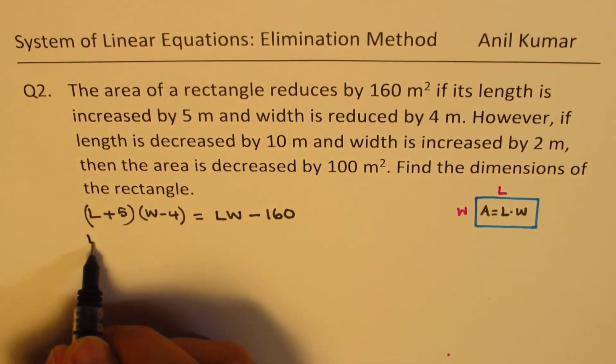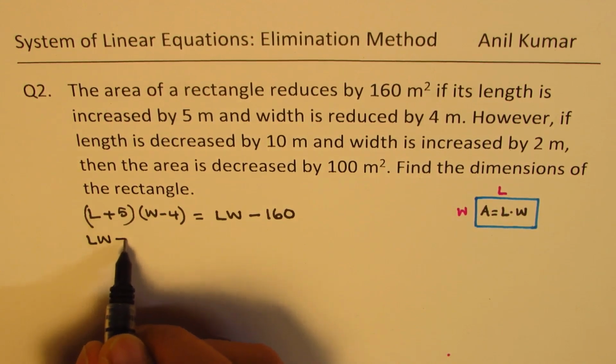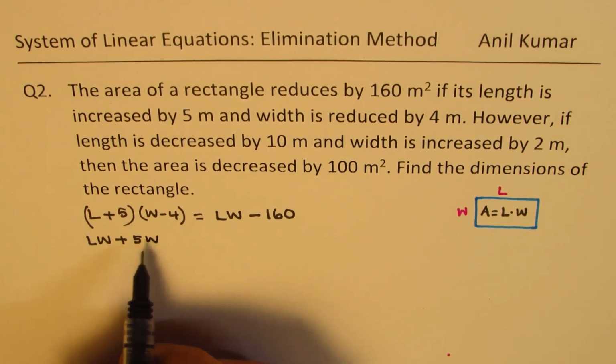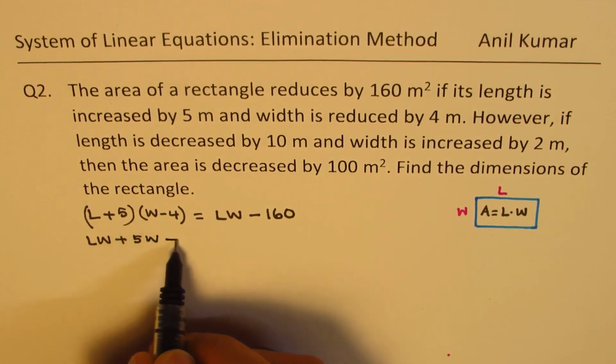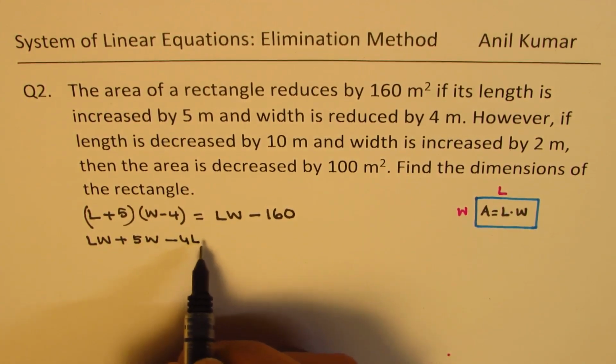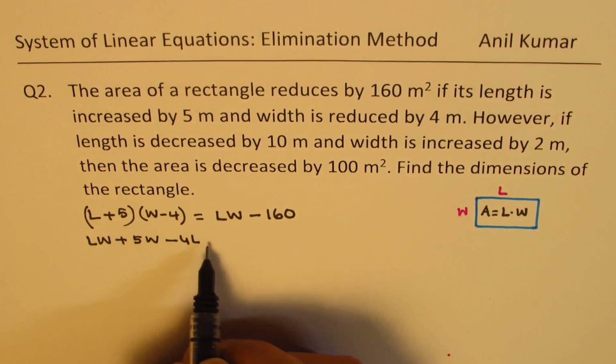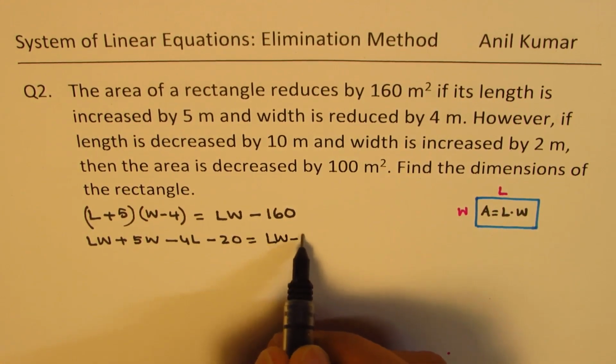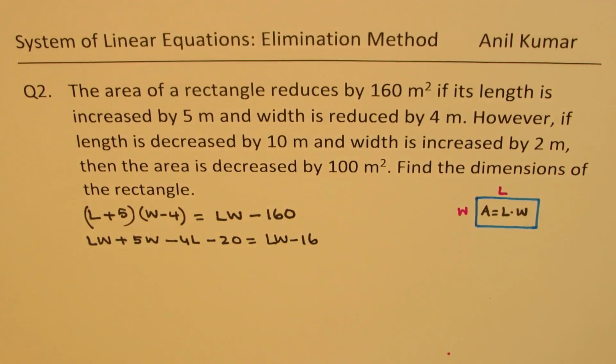So we get length times width plus 5 times width minus 4 times length minus 20 equals length times width minus 160, right? So in this equation, length times width cancel.